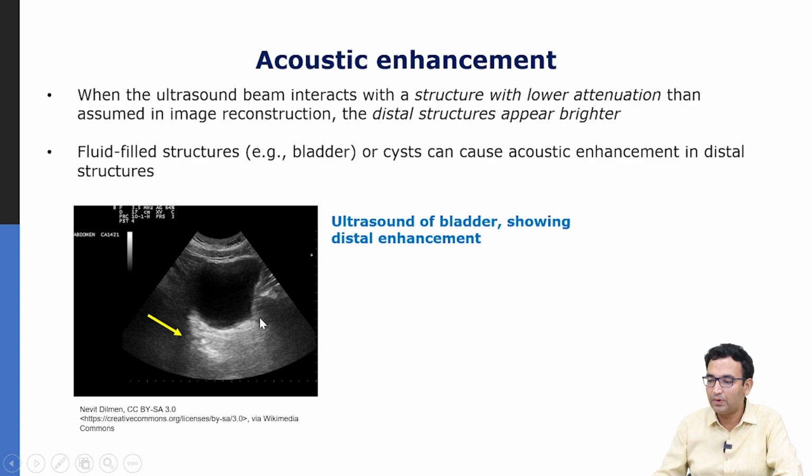It creates a hyperechoic region which is called the distal enhancement, and this is certainly an artifact. It is not that this region is a strong scatterer relative to the adjacent region. So, fluid filled structures such as bladder or cysts can cause acoustic enhancement in distal structures.